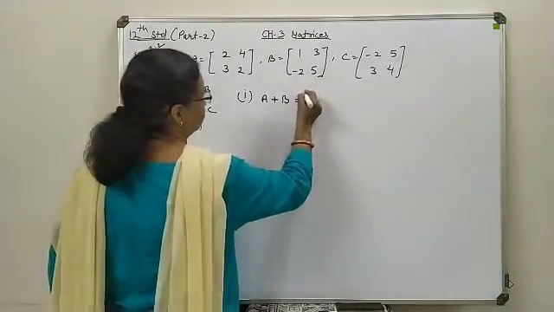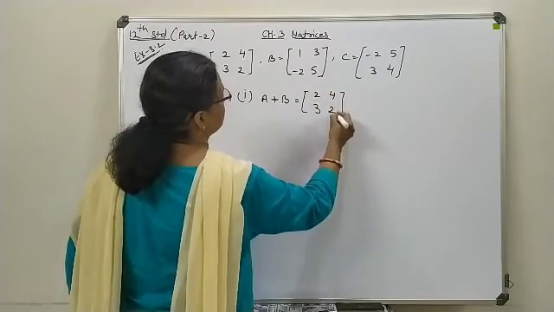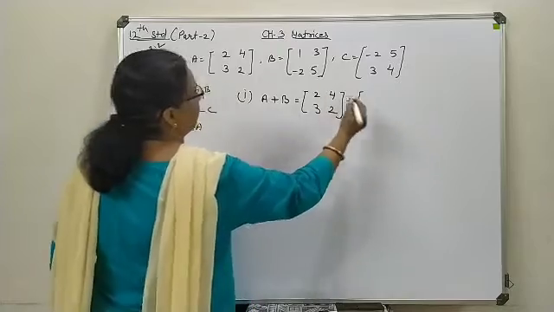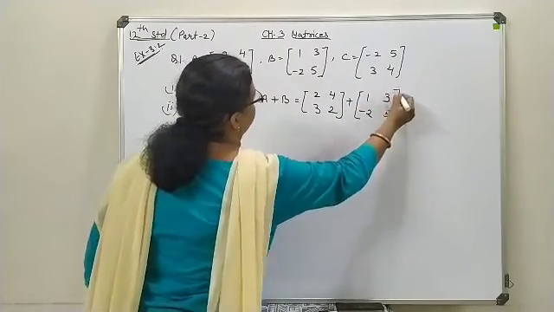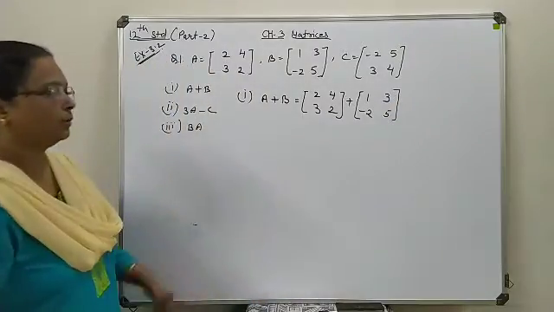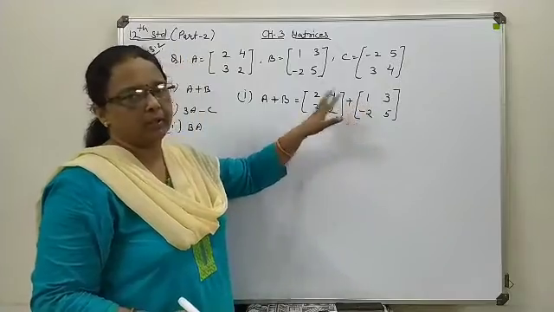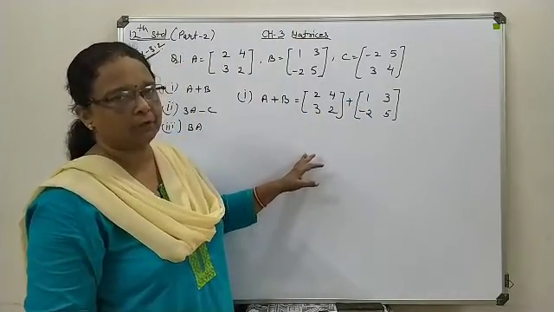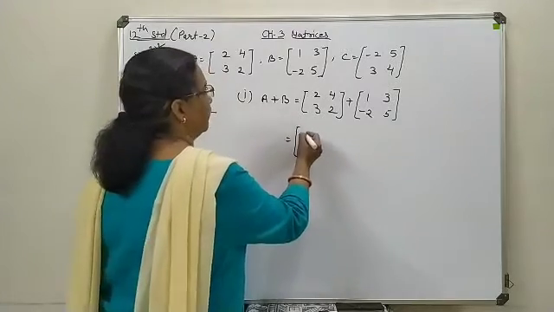Now here A is 2, 3, 4, 2, and B contains the elements 1, 3, minus 2 and 5. As I told you previously also, the same position elements are added while we are doing addition of matrices. So the respective elements we are going to add here.